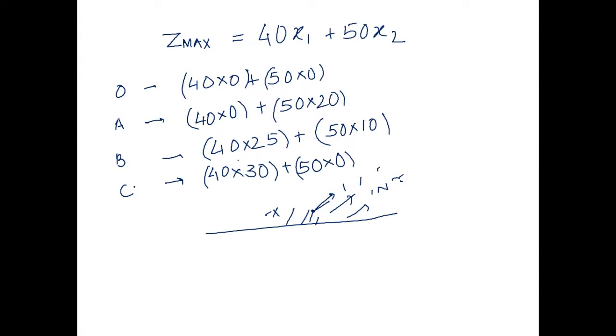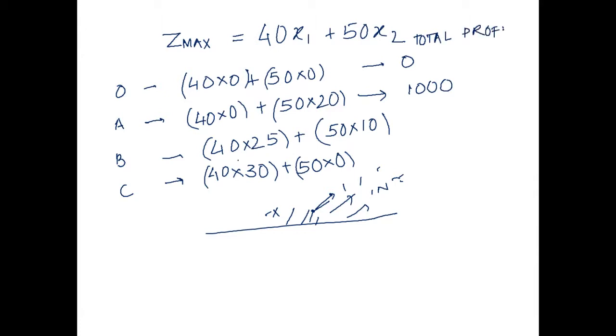Now what do we have to do? Simple. Just multiply and add. You give me the values first for all of them. At point O, it's 0. At A, the value is 0 plus 50 multiplied by 20, which is 1,000. So it's $1,000 total profit, Z max.